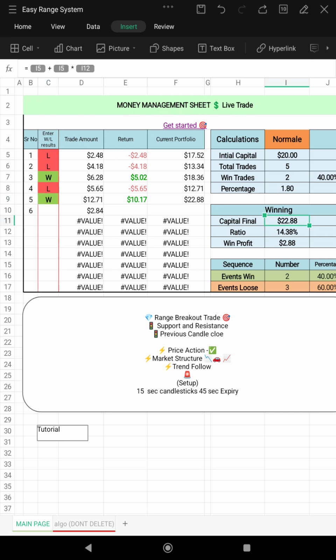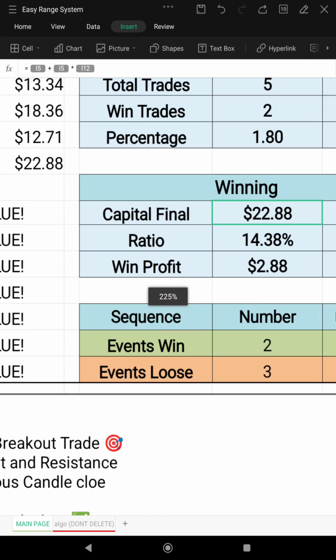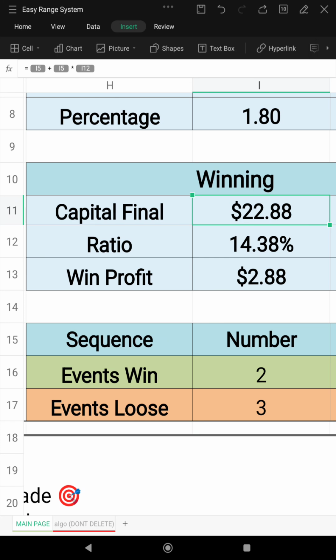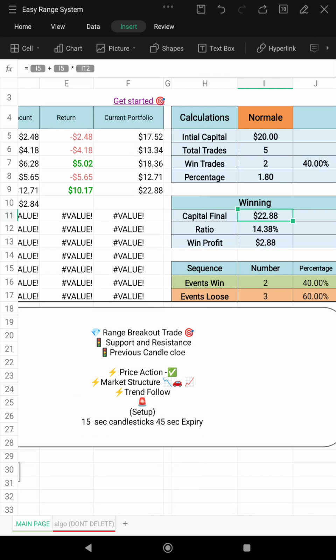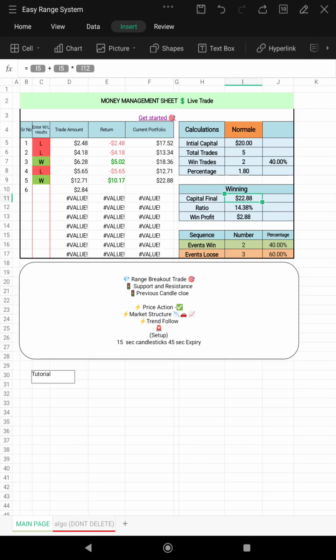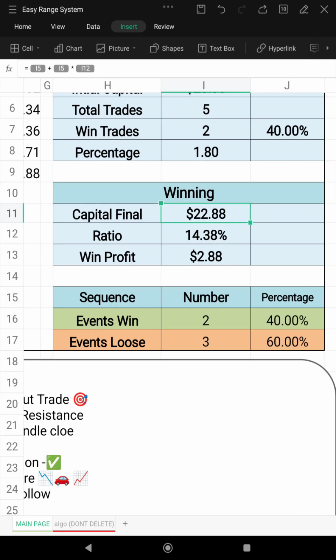At the end of the day, we still have our profit, our initial capital, it is 22. That's our target. You see, that's how you balance it. That's how important this money management sheet is. It is that important. So these other places, you don't change anything, you still remain on the standard.